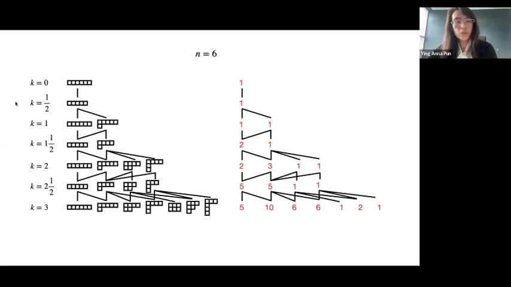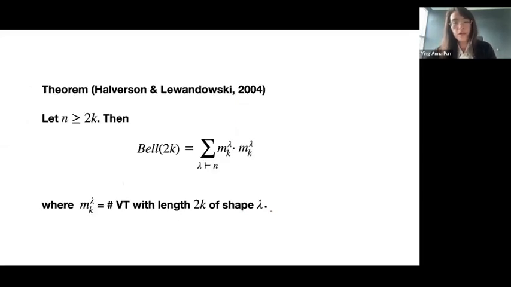And for each of them, you have some level here, corresponding to your k. And so this is just a notation to talk about the number of vacillating tableaux of shape lambda, and then k is these k's. Basically it's length 2k.